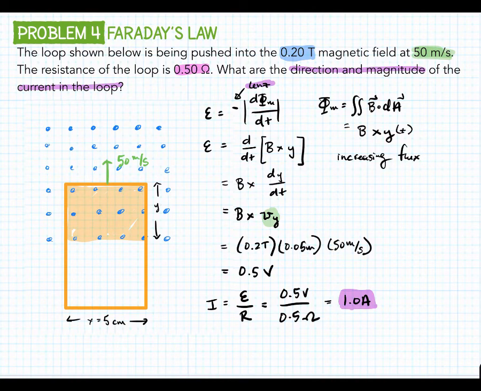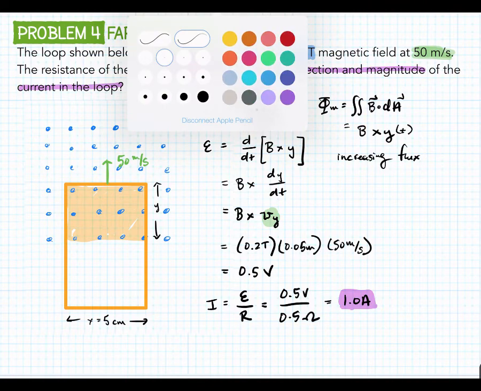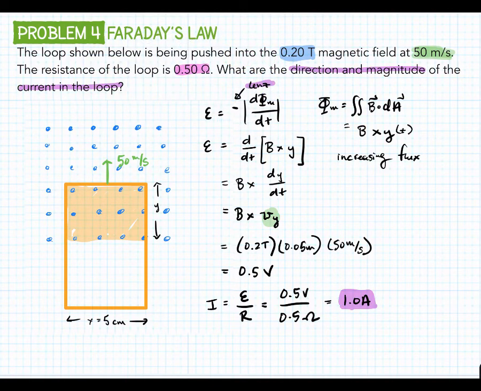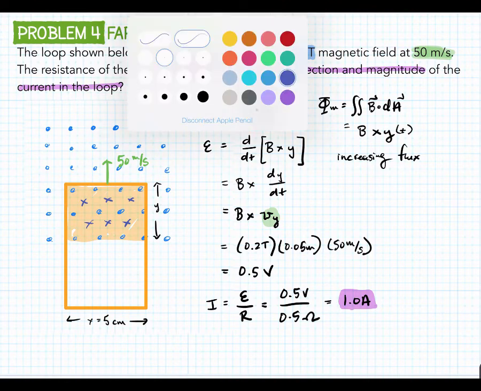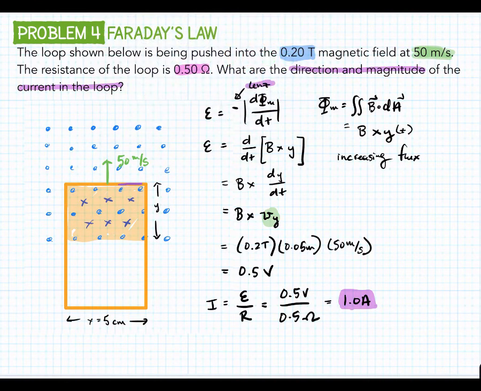If you have an increasing flux, that means your induced magnetic field is going to oppose the change, which means whatever induced magnetic field you get in here is going to be into the page. Well, because of that, you point your thumb into the page, and now you know that your current should be going clockwise.